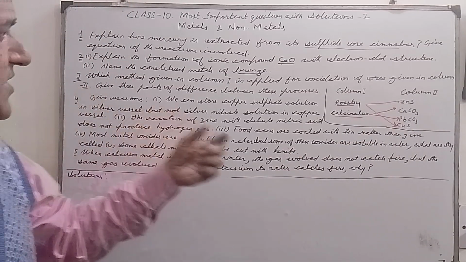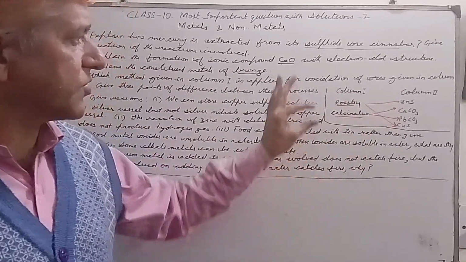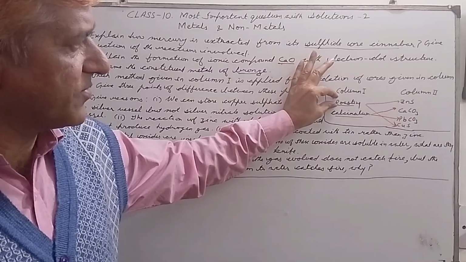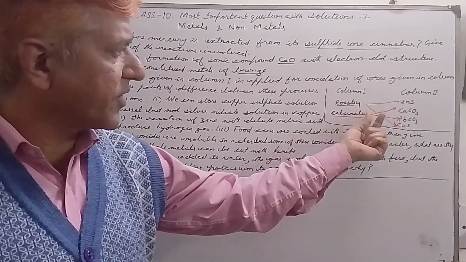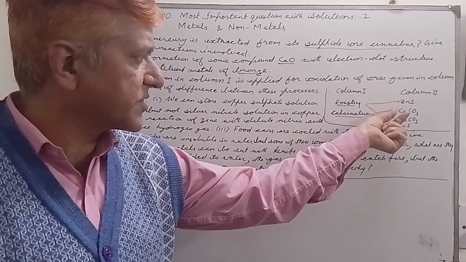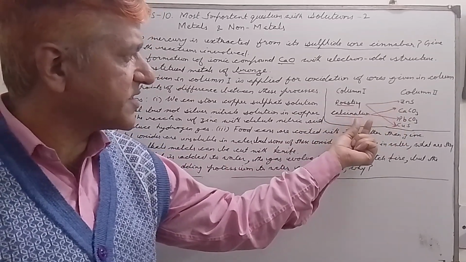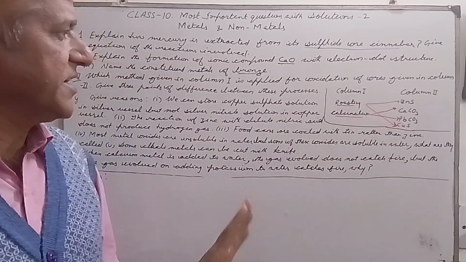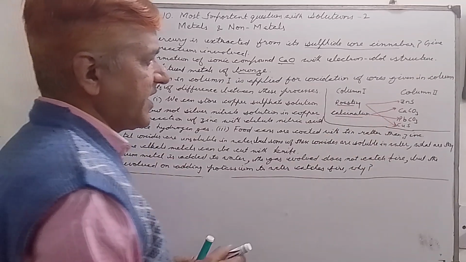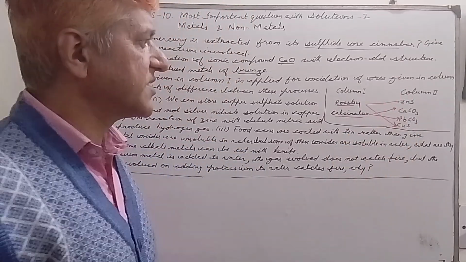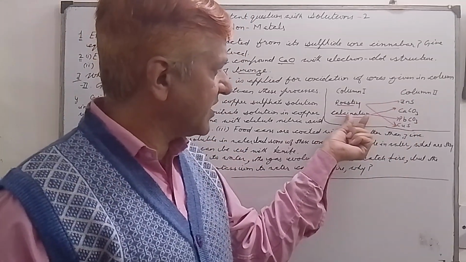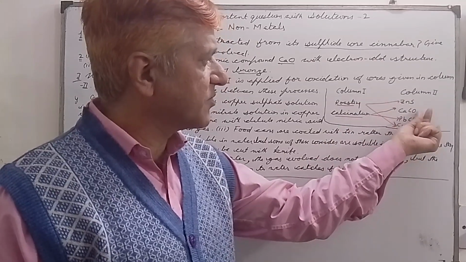And what is the difference between roasting and calcination? Roasting means heating in presence of oxygen, and calcination means heating of ore in absence of oxygen. Second difference is that in roasting sulfur dioxide gas is produced and in calcination carbon dioxide is produced.